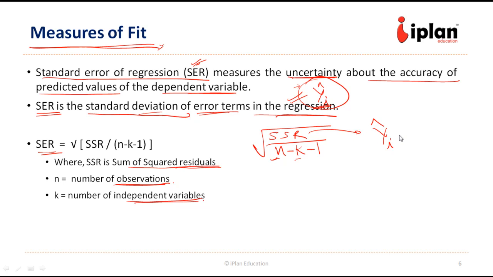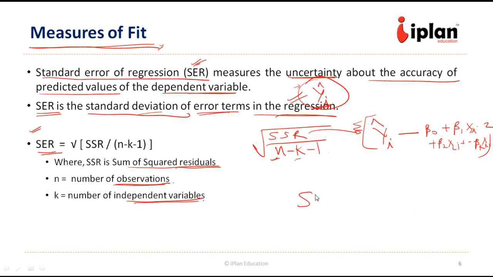It is nothing but yi minus beta naught plus beta 1 x1i plus beta 2 x2i and so on up to beta k xki. This is the residual, and then we square it, and then we sum them up from i equal to 1 to i equal to n. So this becomes our SSR, which is to be divided by n minus k minus 1, so that we get the standard error of regression.